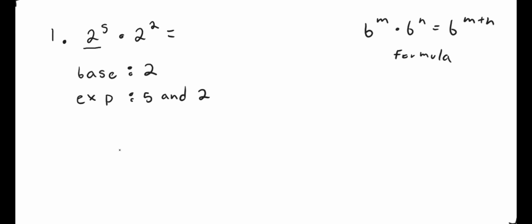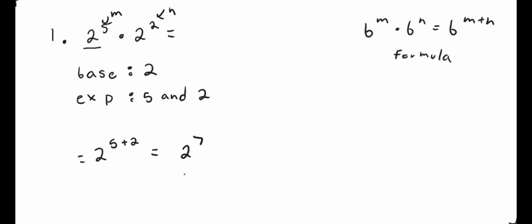Okay. Since we know our base is a 2, we can input our base right here as equal to 2. And it seems here, our M is going to be the 5 and the N is going to be a 2. So that means 5 plus 2. And this is our answer using the product rule.